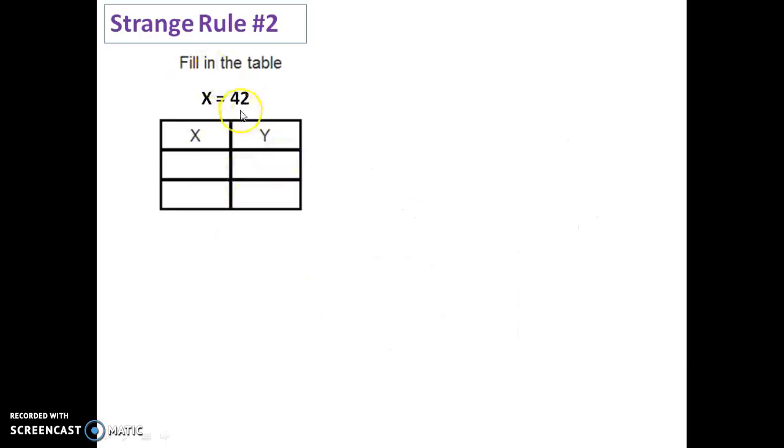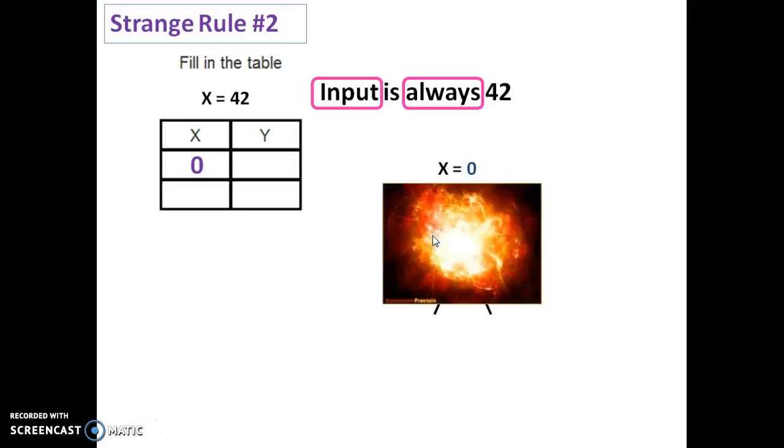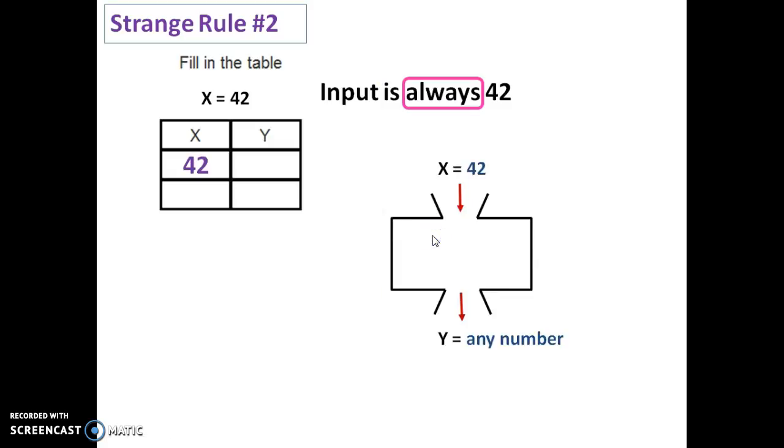So how does this relate back to our math? Well, here we have x equals 42. So in this particular case, x, or our input, is always 42. Okay, so if we put 0 in for x, it doesn't work because x is 42. So when we put in 42, we could get back any number.